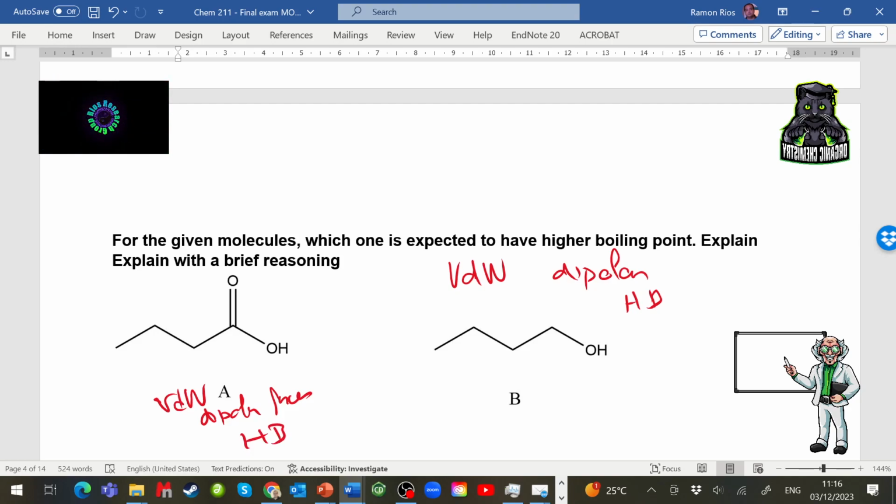But we know that the carboxylic acid always will be more acidic than an alcohol. For this reason, the hydrogen bonding will be stronger. If we have a stronger hydrogen bonding, this compound will have higher boiling point and higher melting point. Okay?